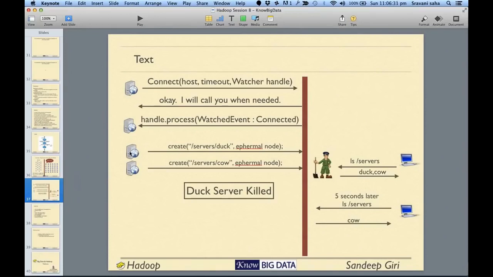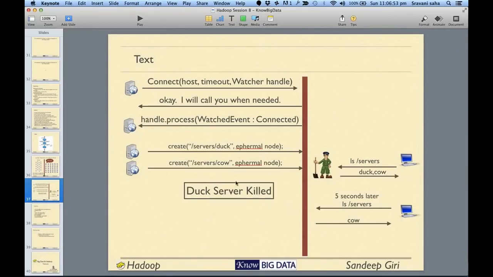Now, after some time, another node comes up. It creates its ephemeral node called duck, and another server comes up called cow. Now, when the client comes up and says, give me the listing of servers, it will be told that duck and cow are available.